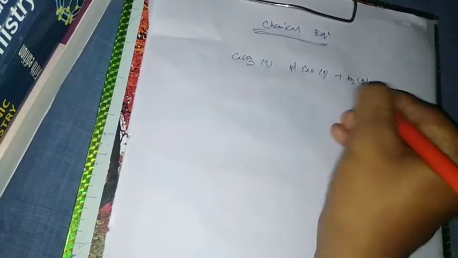If we consider this reaction, calcium carbonate solid is in equilibrium with calcium oxide solid plus carbon dioxide gas, then in this reaction the rate of the forward reaction means the calcium carbonate dissociates and produces calcium oxide and carbon dioxide, and the rate of the backward reaction means calcium oxide and carbon dioxide combine with each other and produce calcium carbonate.